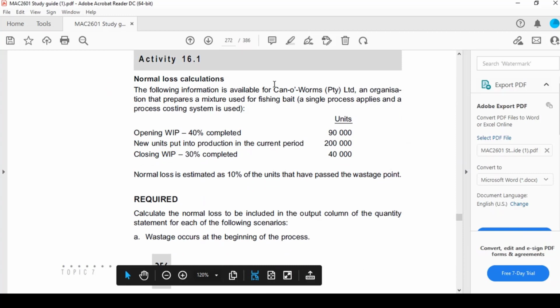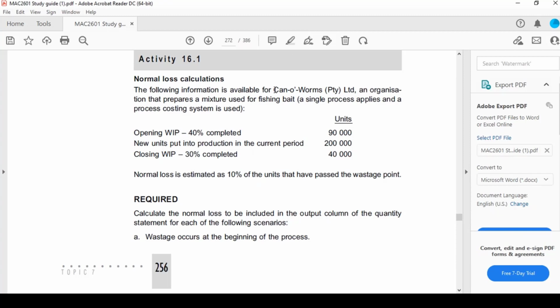So here we've got Can of Worms Pty Limited, an organization that prepares a mixture used for fishing bait. A single process applies and they're using process costing. So they prepare this mixture.